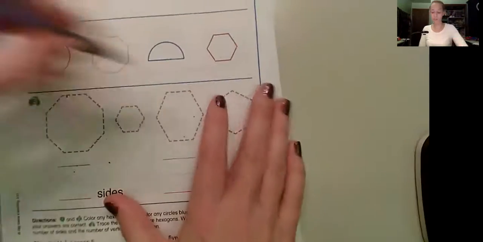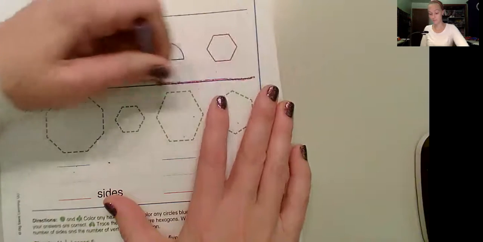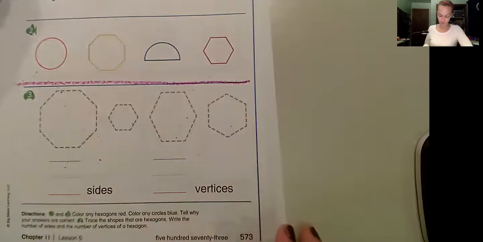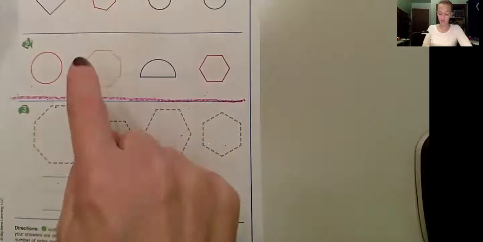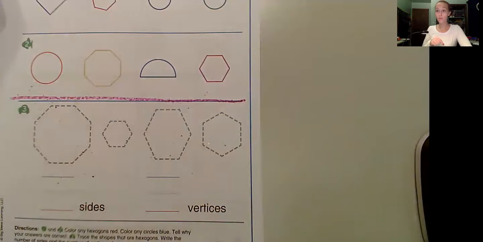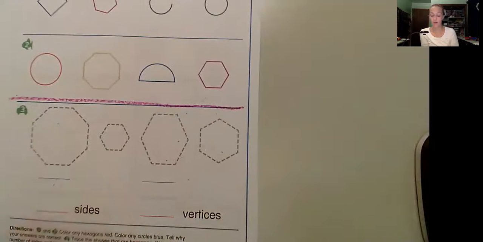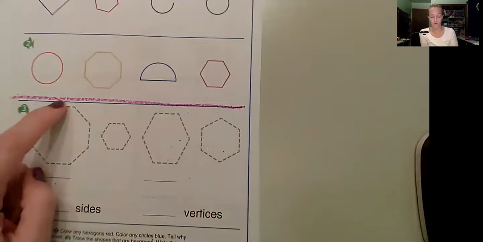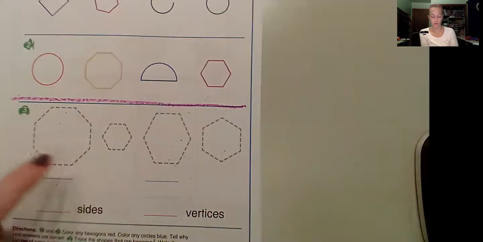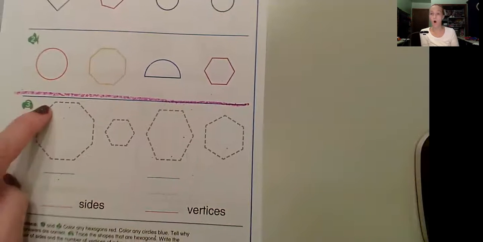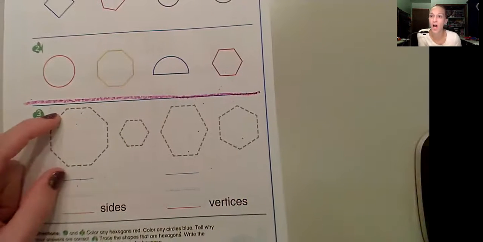Then you're going to continue doing that job for number 1 and 2. Hexagons red, circles blue. All right, down here, we're going to trace any shapes that are hexagons. 1, 2, 3, 4, 5, 6, 7. 8.